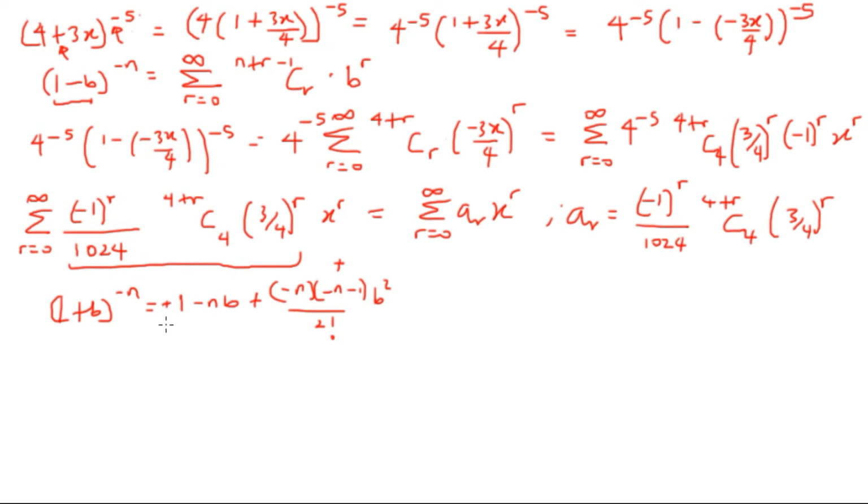The sign I have here is negative, the sign I have here is positive. So one of the things you must notice is that the signs alternate for a binomial expansion with negative powers having positive x. They will have coefficients that will be alternating in signs.